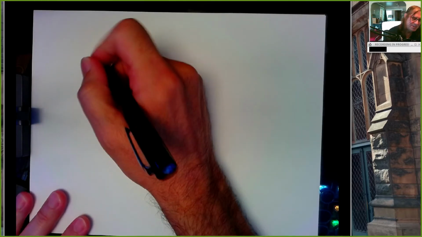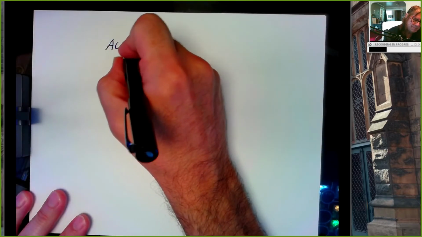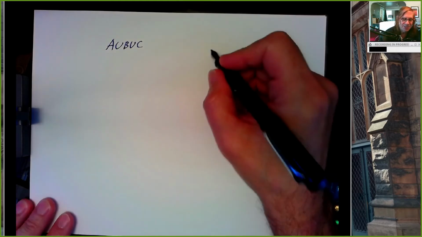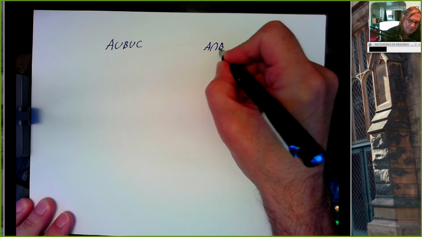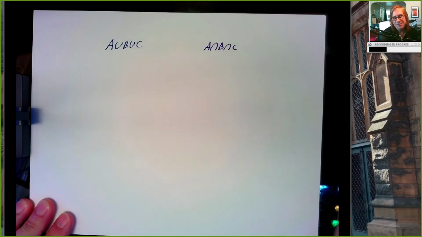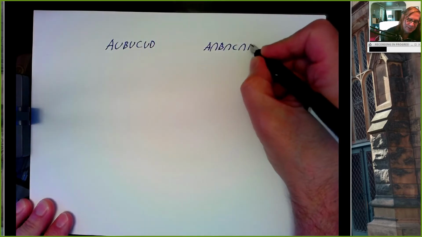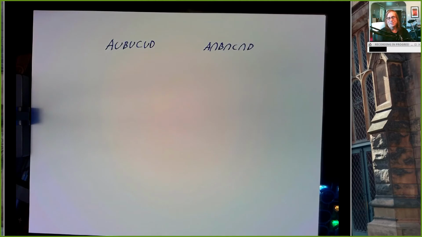So if I have three sets, A, B, and C, I could take the union of A, B, and C. Or I could take the intersection. And if I have a fourth set, I could, for whatever reason, decide to take the union or the intersection of four sets. Perfectly valid.